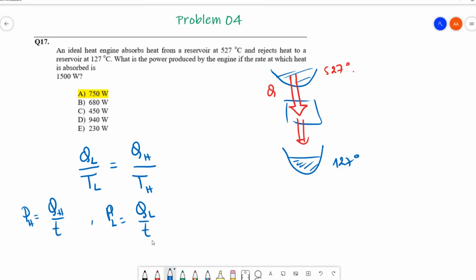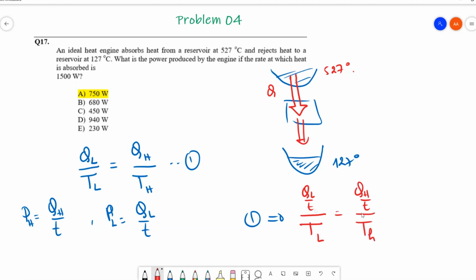So if I divide both sides by T, the equality will remain the same. You see T and T here, we divide over the same number, so the equality does not change.